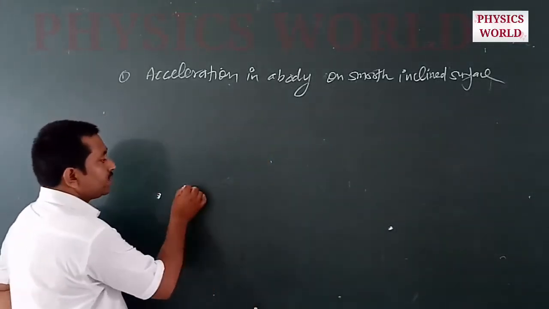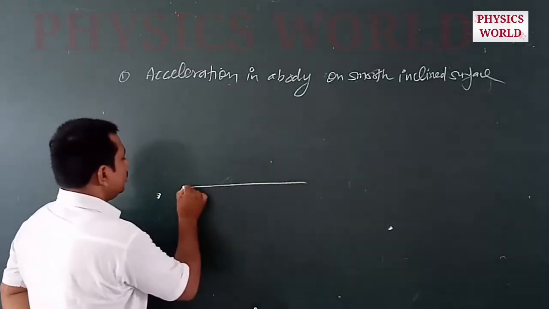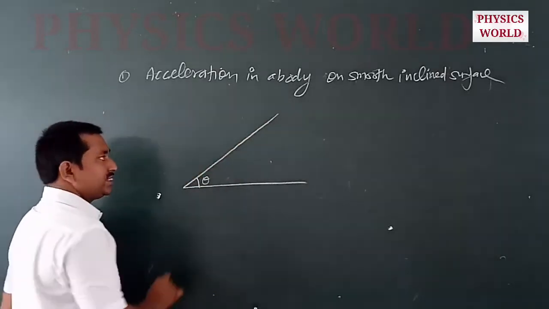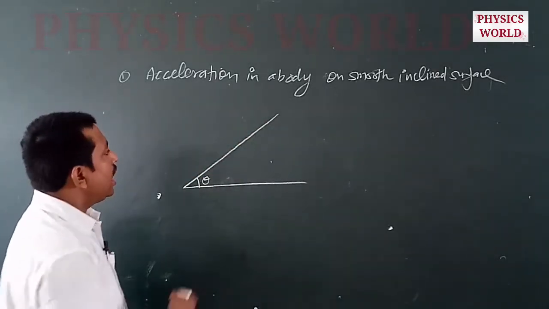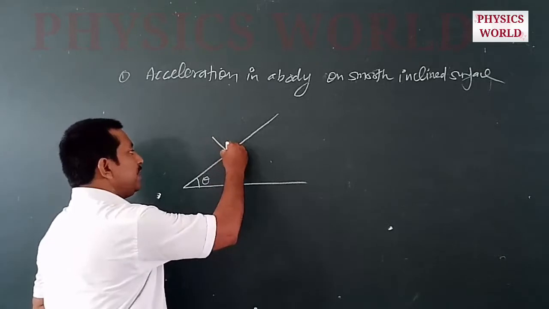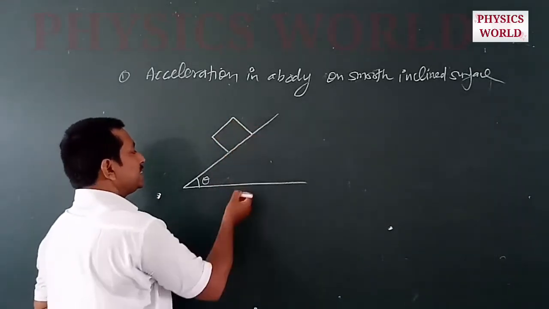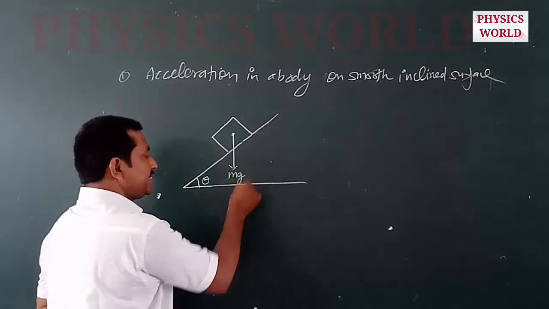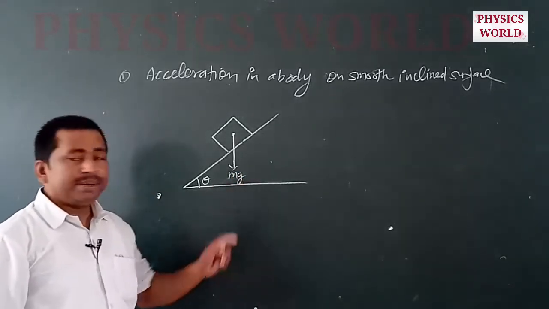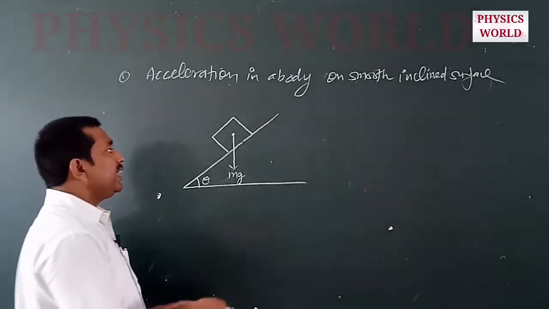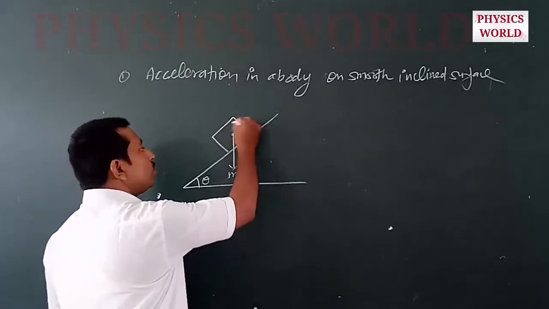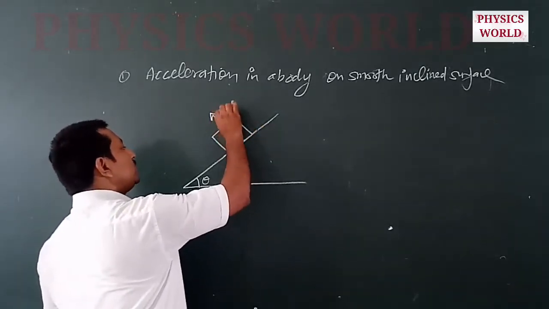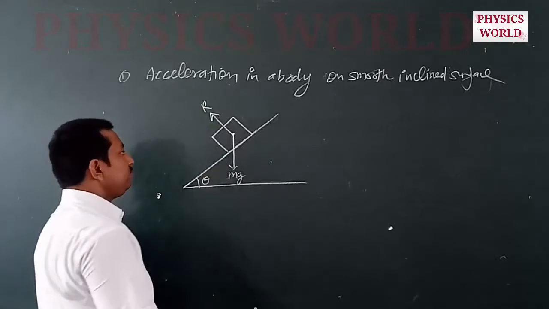Suppose that we have an inclined surface whose inclination is theta from the horizontal, and an object of mass m is placed on this inclined surface. Then the weight of this object acts vertically downward, represented by mg. Then the normal reaction acting on this object by the contact surface is normal to this surface, that is R.